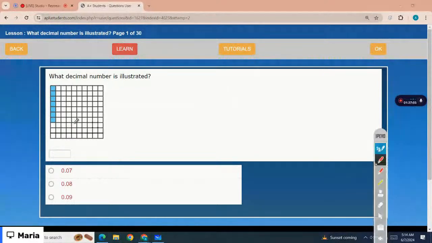One line represents 10, right? This is 10. You have one, only 7 of them are colored. Yes, that would be 7 over 100, right? So you need to move the decimal point two places left, so that would be 0.07. Very good. The correct option is option number 1. That is 0.07.